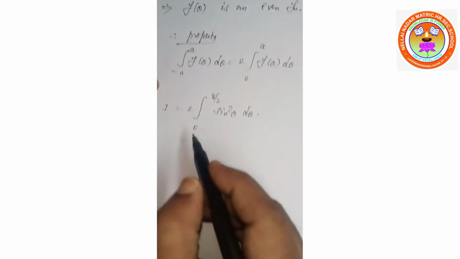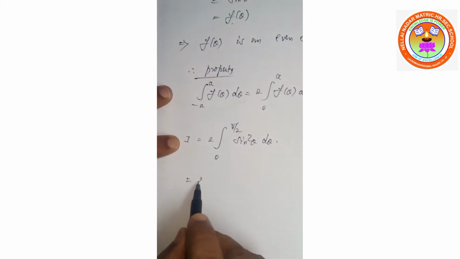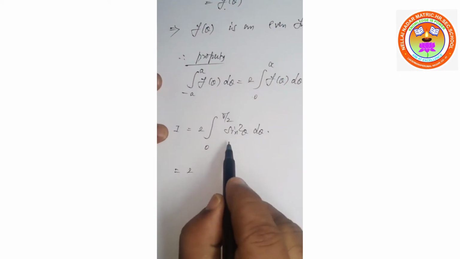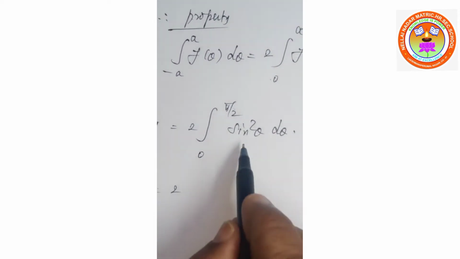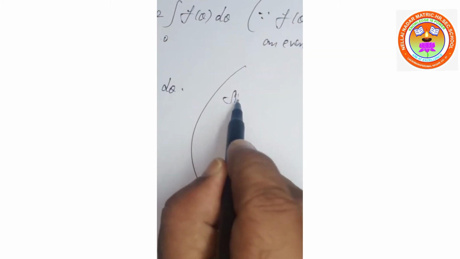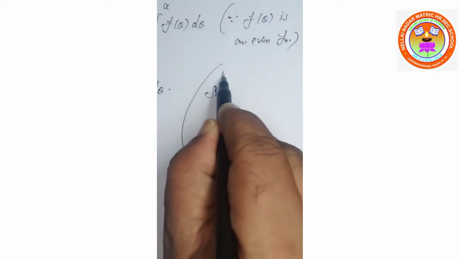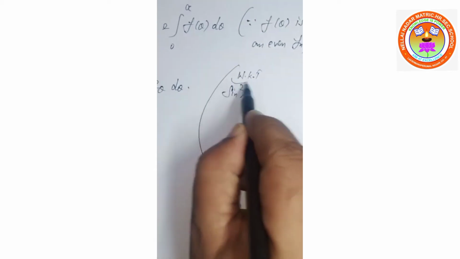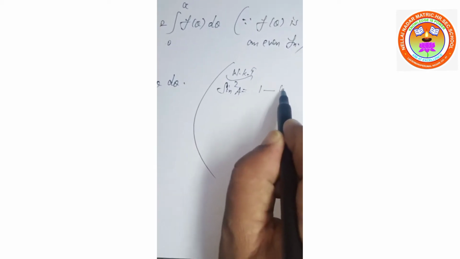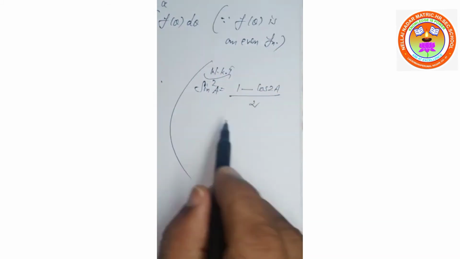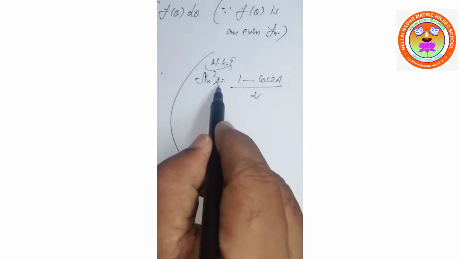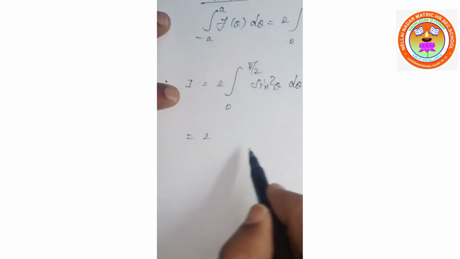We have to integrate. In integration, there is no direct formula for sine square theta. So what to do? You have to apply a trigonometric formula for sine square theta. Sine squared a equals 1 minus cos 2a whole divided by 2. That is the formula for sine squared a. Instead of a, what is the angle here? Theta.